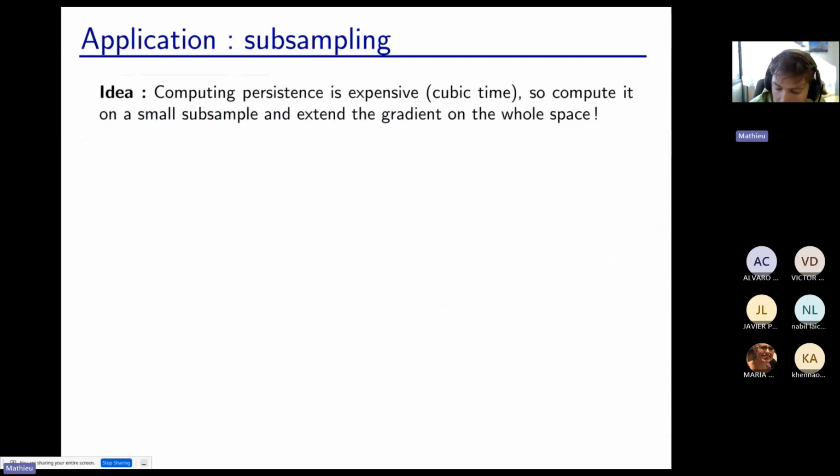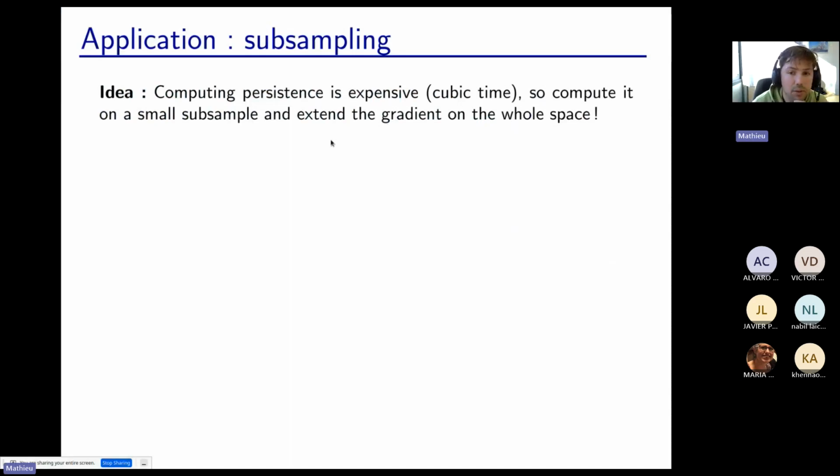It's cubic in the number of simplices, more or less. So obviously, if you have, say, a million points, computing the whole Rips persistence diagram will be super expensive. So people have thought about workarounds, and one of them is to just pick a subsample and compute the persistence of the subsample.